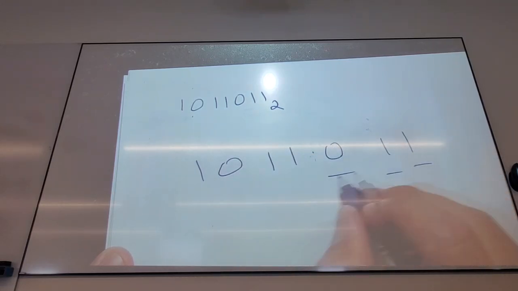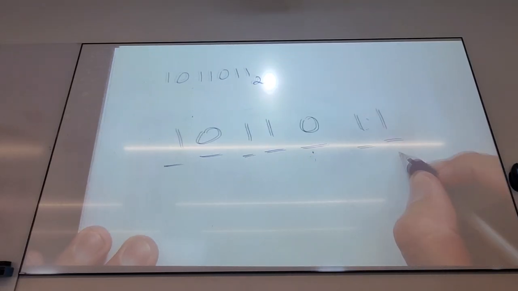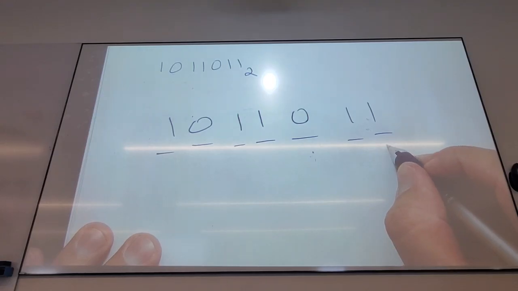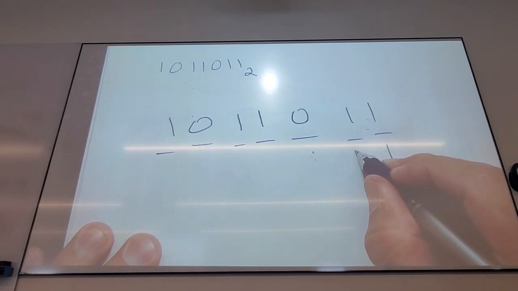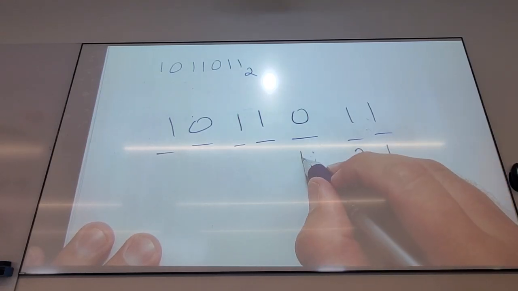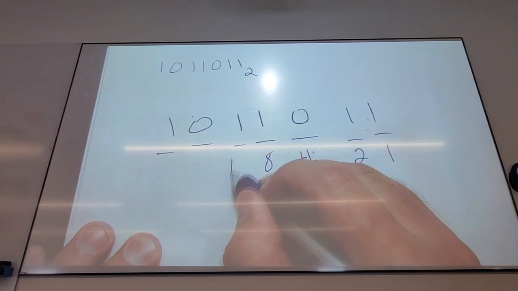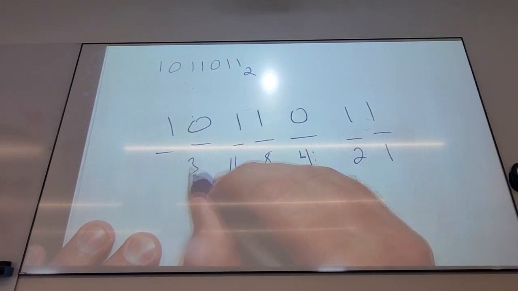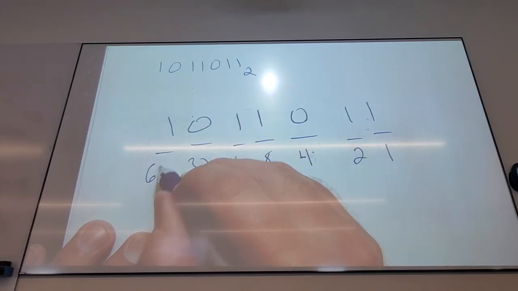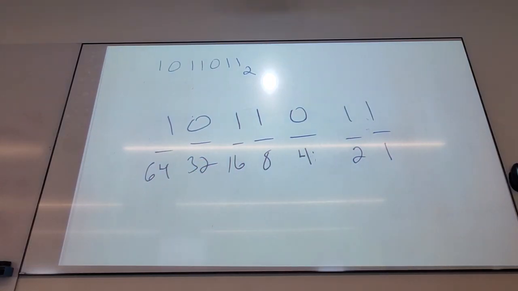What are the places? I always start with 1s, 2s, 4s, 8s, 16s, 32, 64. Right? You guys with me?